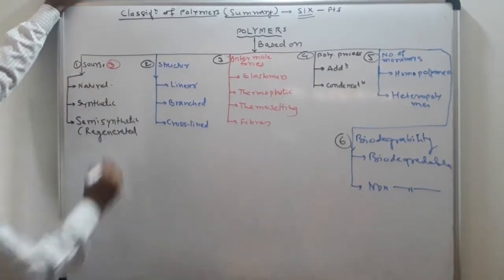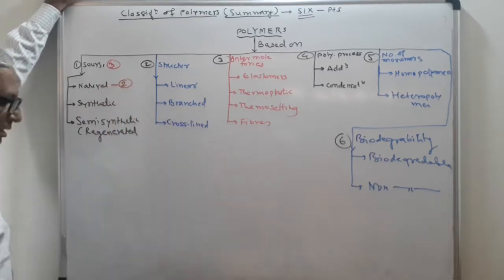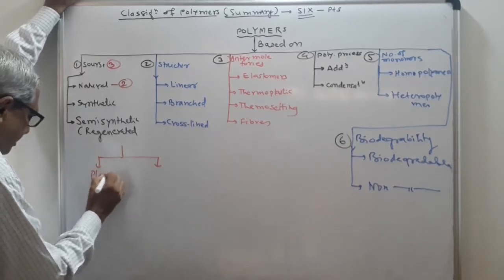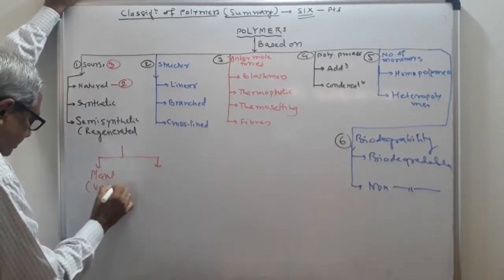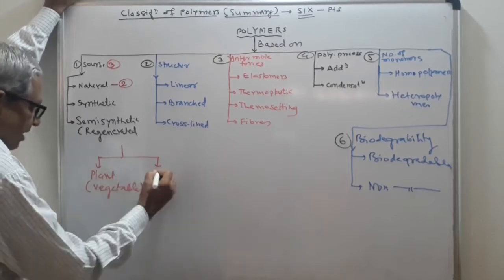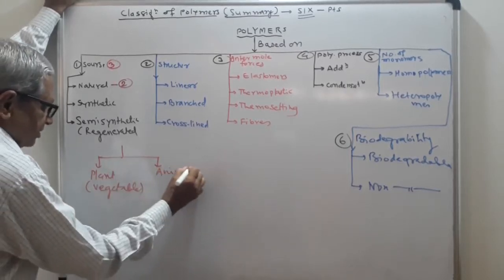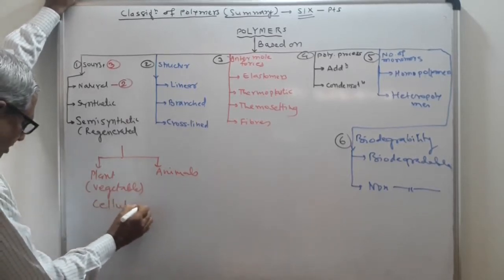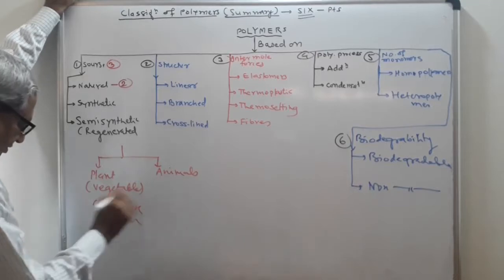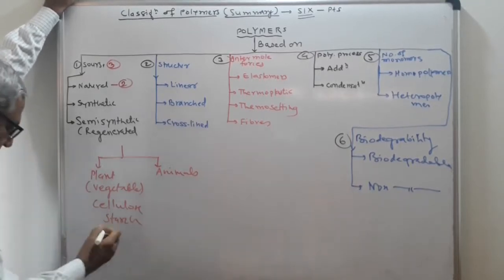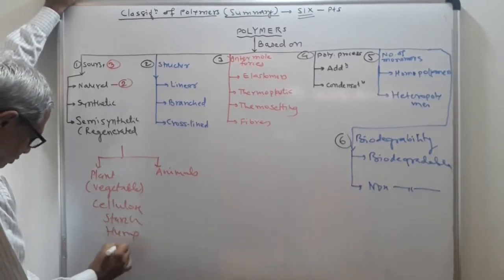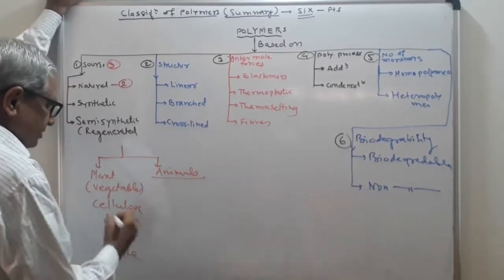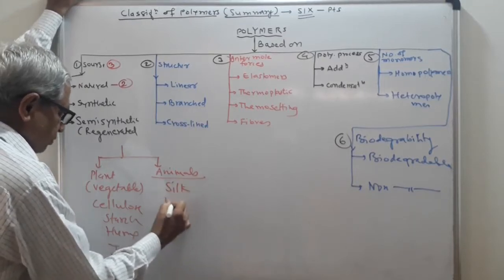You know the natural polymers are of two types: one is plant, also called vegetable, and another is derived from animals. From plants, that is cellulose, starch, hemp, jute. These are derived from plants. From animals, that is silk and wool.